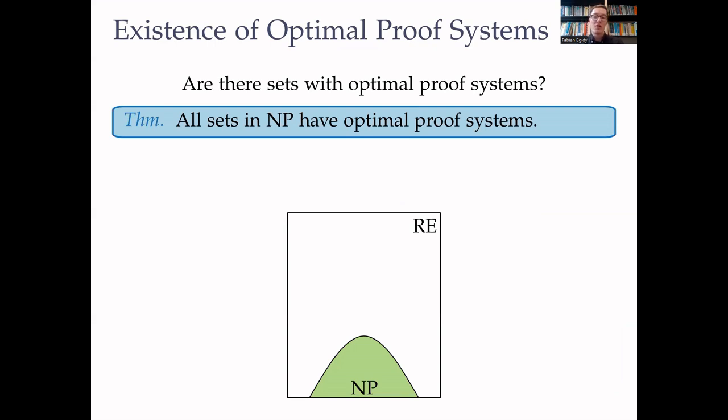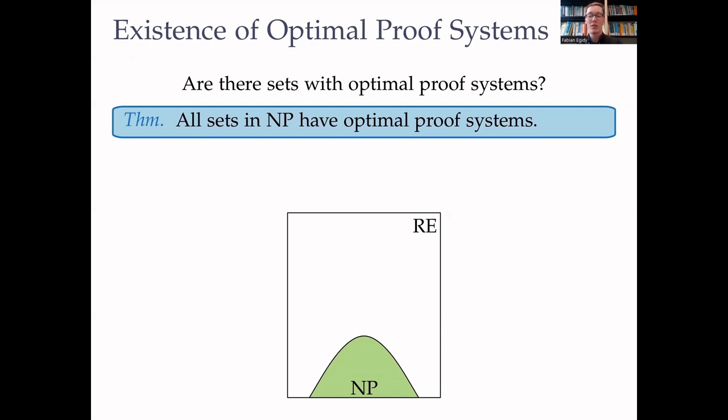But this result is not really that surprising because NP is defined as the class that contains all sets that have polynomially bounded and efficiently verifiable proofs. And since the notion of simulation allows polynomially longer proofs, any polynomially bounded proof system is optimal. So the sets in NP are too easy for the definition of optimal proof systems to make full sense.